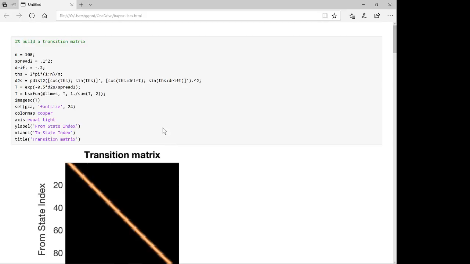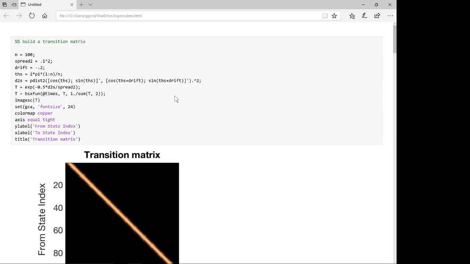All right, so I'm just going to read through the code. I've set it up so that there are 100, let's call them, time steps.